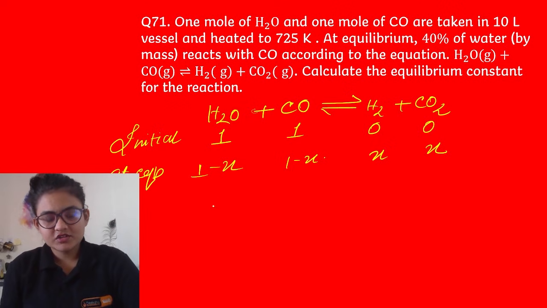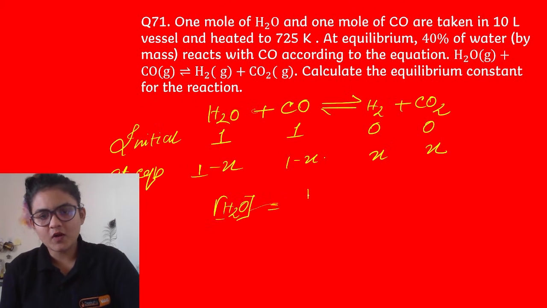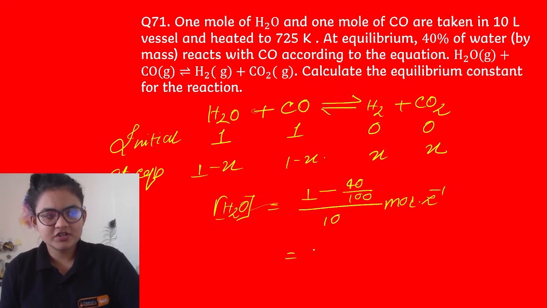Now how should I find the concentration of H2O? We started with 1 and 40% of water reacted, so 40 by 100, divided by 10, in mole per liter, because they told us it is a 10 liter vessel. The concentration of H2O will come to 0.06 mole per liter.